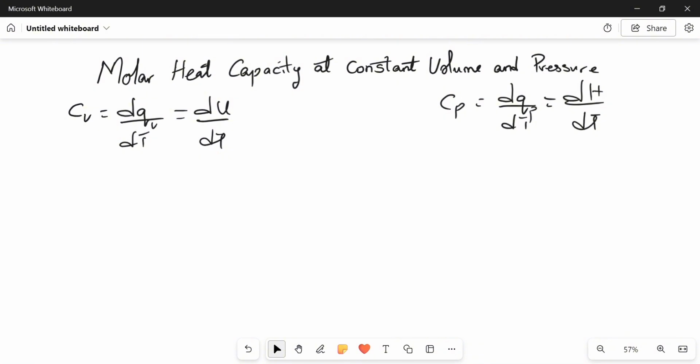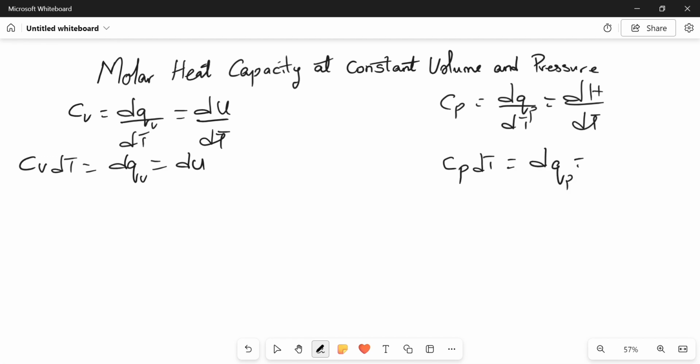So let's now take note that if I multiply all through by dT, I'm going to have my CV dT equal to QV, which is equal to dU. And then here too, I'll have my CP dT equal to QP, which is equal to dH. So we should not forget that this P is just talking about constant pressure, and this V is talking about constant volume.